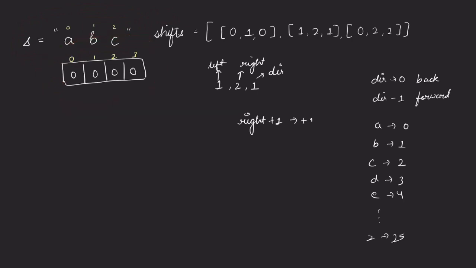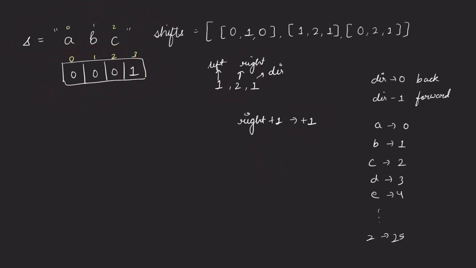So what will that denote? Here right is 2, so 2 plus 1, that is 3. So at index 3 we will add a plus 1, right? So this will become 1. Basically this one will denote that all the characters which are present to the left of it, we need to move them forward by 1, right? This is what this one is denoting.